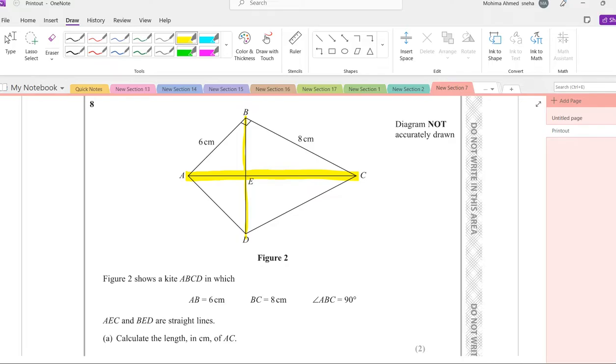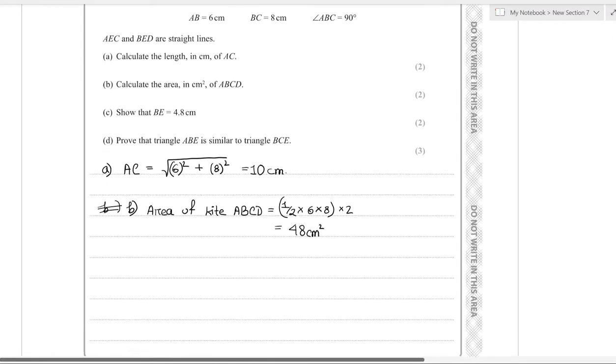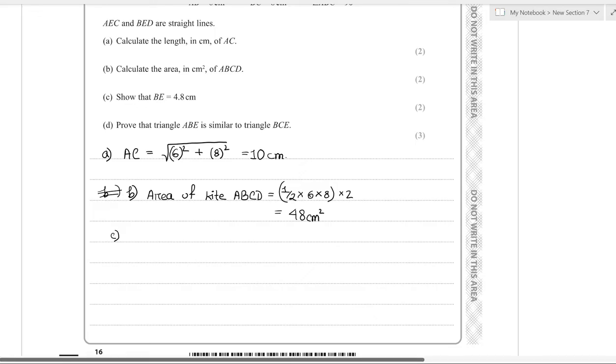The formula for the area of the kite is diagonal 1 into diagonal 2, and we need to find the value for BE, which is half of BD. So part C, area of kite is again 48, but diagonal 1 into diagonal 2 makes up 48. Diagonal 1 was BD and diagonal 2 was AC.